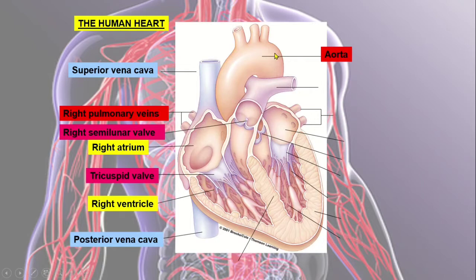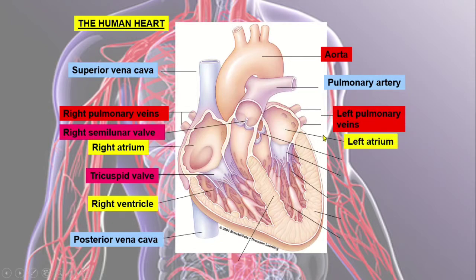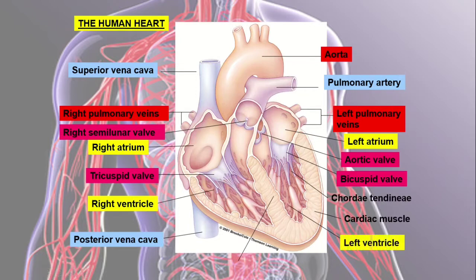This is the aorta, pulmonary artery, left pulmonary vein, left atrium, aortic valve, bicuspid valve, left ventricle, and septum. This is the septum.